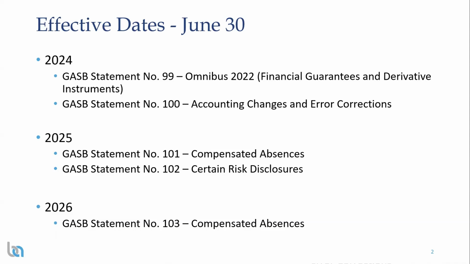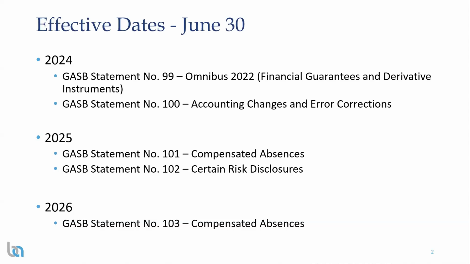When you read through GASB and their basis for conclusions and so on, they always have an analysis of the cost benefit. And you can see in their analysis, they basically said that most of the work that they've done on GASB 103, they realized that it was not cost beneficial.